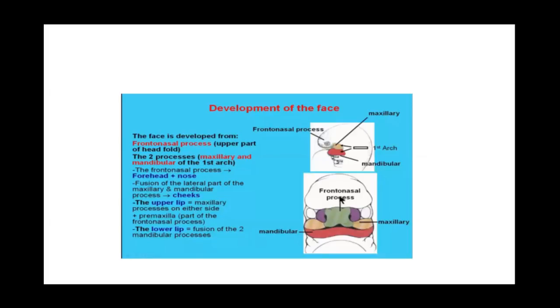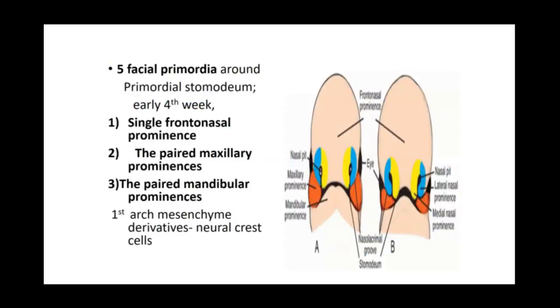And so we have 5 primordia, and in this center, this dark black line is the area we are going to call the stomodeum, the point where your oral cavity is going to develop. This is initially blocked by, as we said when we talked about the 2 extensions, the buccopharyngeal membrane on the anterior end and the cloacal membrane on the posterior end.